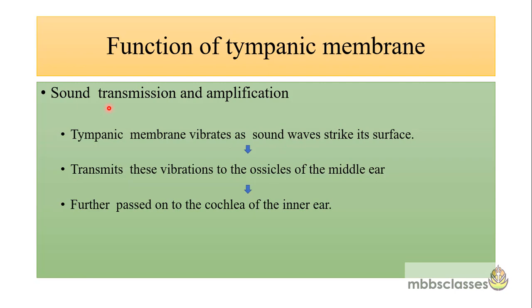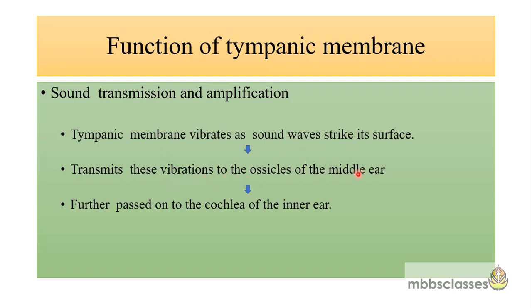So what happens as soon as sound waves strike the tympanic membrane? These sound waves, on striking the tympanic membrane, set it into motion. And because of the spiderweb arrangement of the fibers, the tympanic membrane vibrates. Then these vibrations are transmitted to the ossicles of the middle ear.